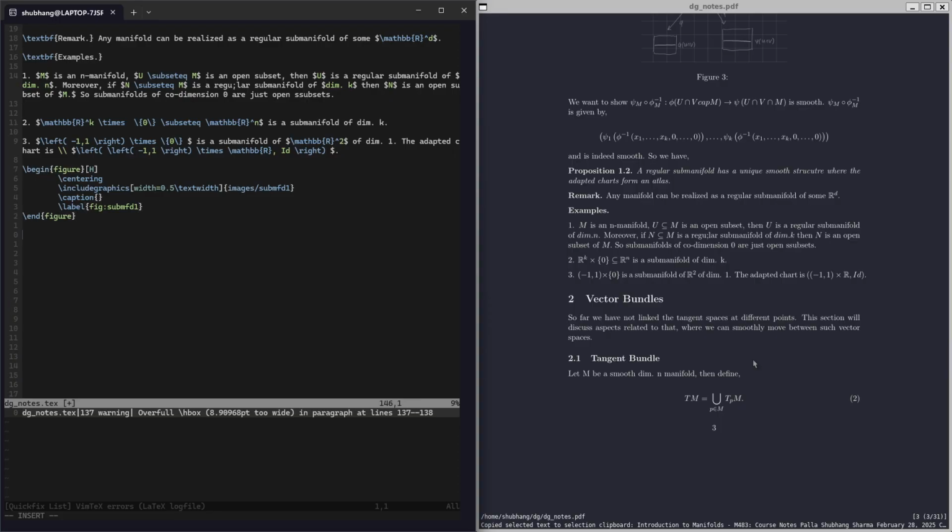And then we can consider some non-examples. Consider X equal to the set of (x, y) in R^2 such that xy equals 0 and x, y greater than or equal to 0.